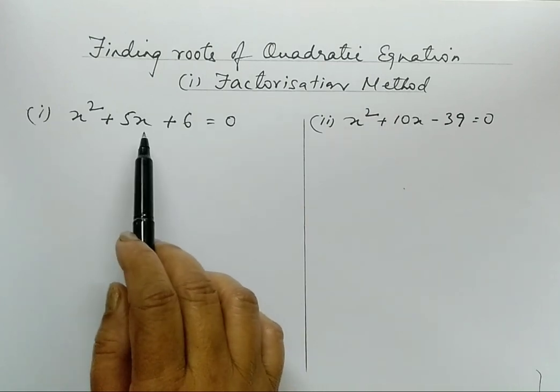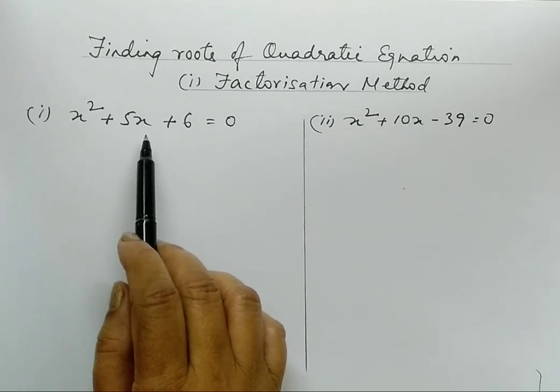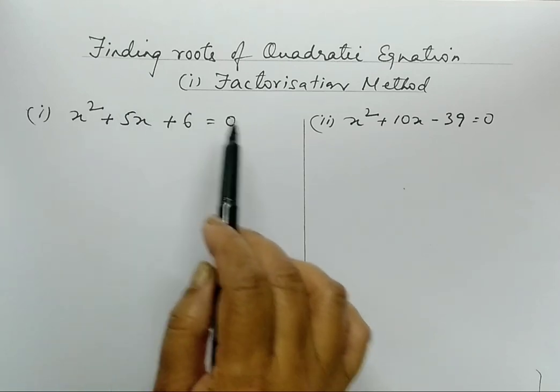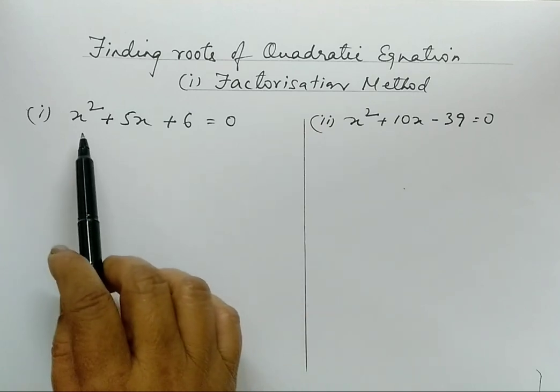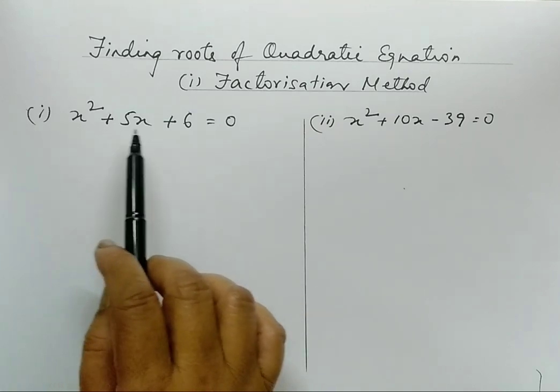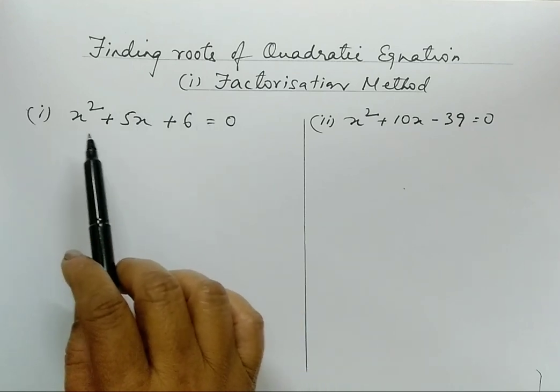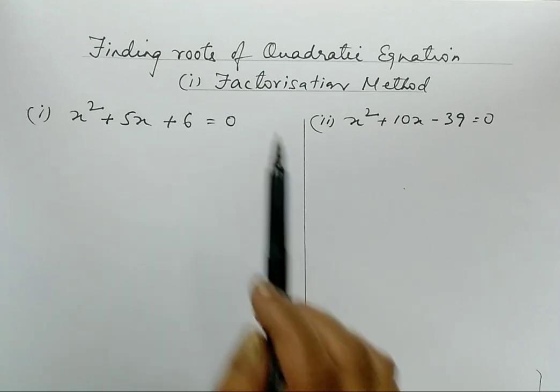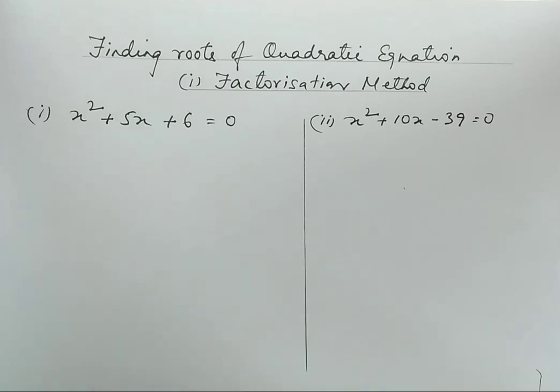Definitely the value of x that will satisfy this equation, as in when you put the value of x at its place and find the cumulative value of this equation, it will end up equal to 0. The same thing we have for this side too.